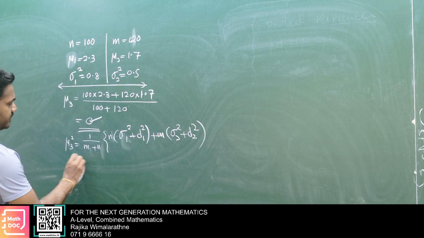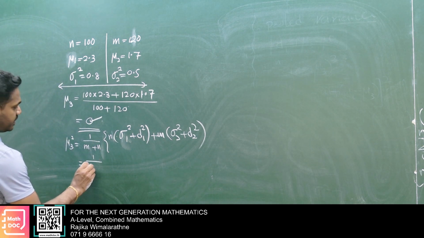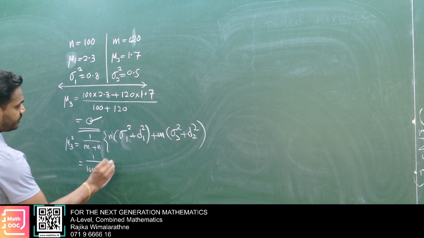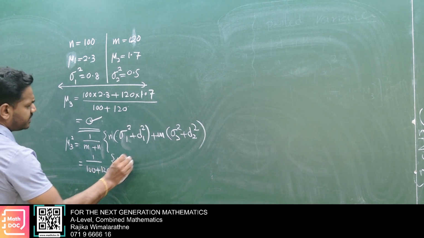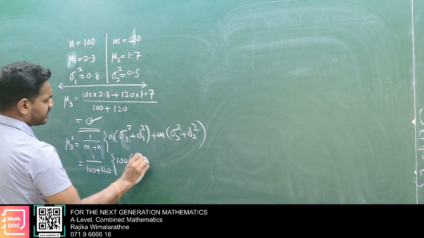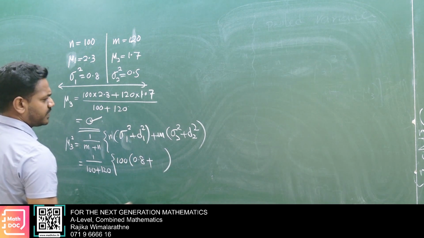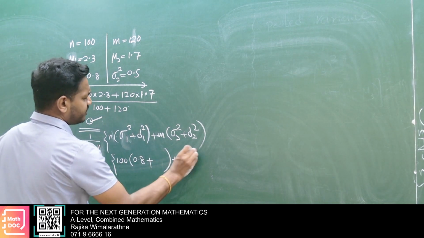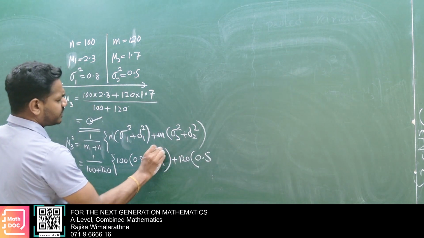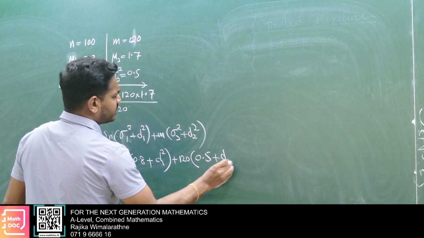Then we know m and n: 1 over 100 plus 120, here 100 times 0.8, 120 times 0.5, here d1 squared, d2 squared.